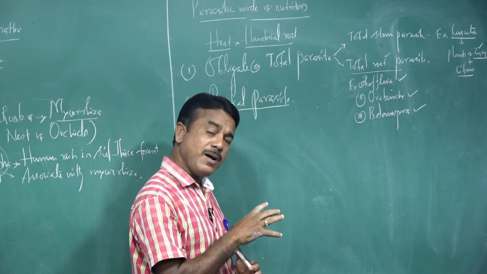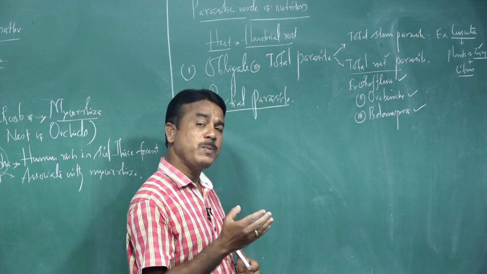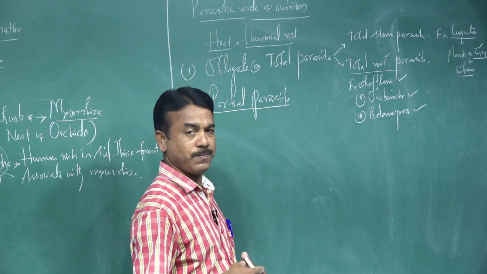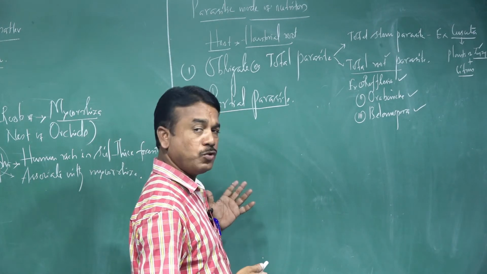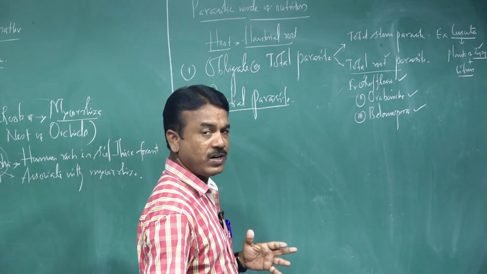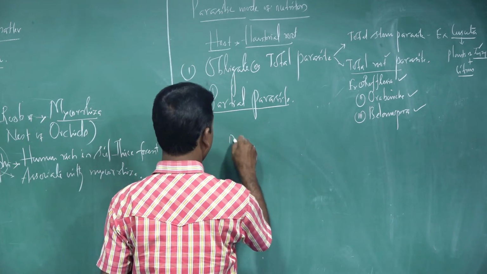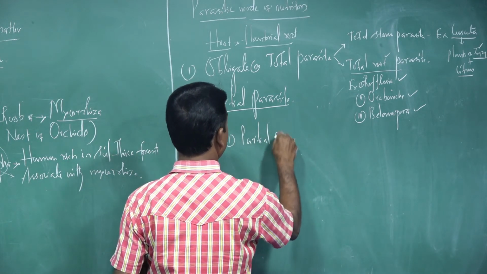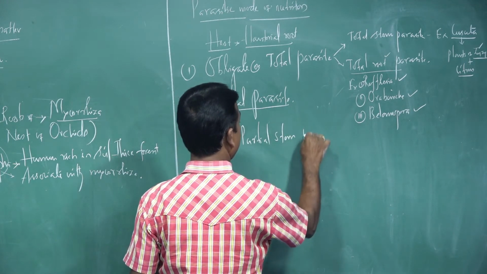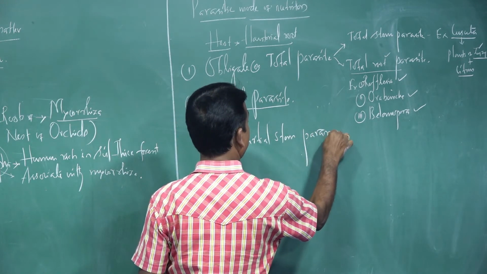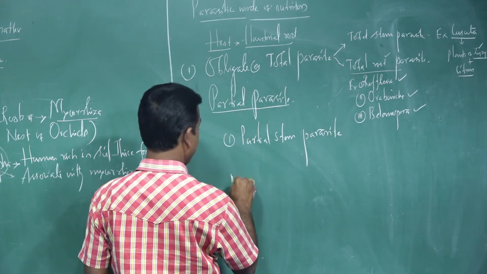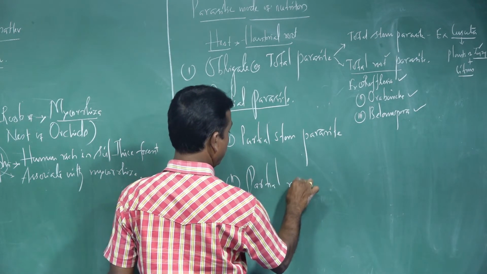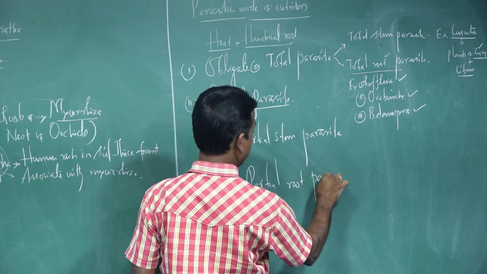These organisms also use haustorial roots to obtain water and mineral salts. So based on this, they can also be classified into two types, namely partial stem parasite and partial root parasite.